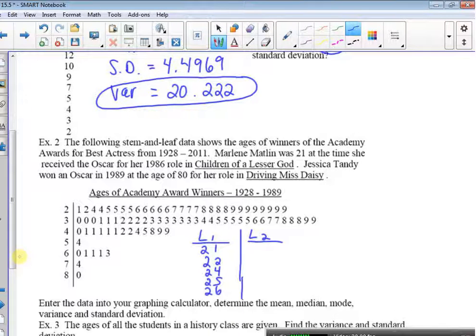And then in L2, I'd put the frequency of those. I think that would go a lot faster than having to type in all those different 25s and 26s. So there's 1 21, 1 22, 4 of 20, 2 24s, 4 25s, and 5 26s, and etc.